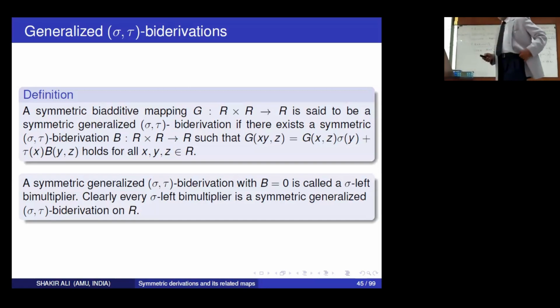The idea is, these notions extend the previous notions when sigma and tau are identity maps. Okay, and moreover, if the associated bi-derivation is 0, then it becomes a bi-multiplier, or sigma bi-multiplier.